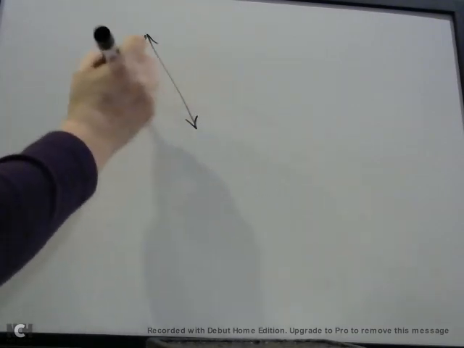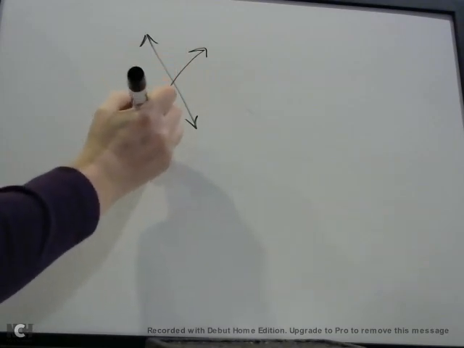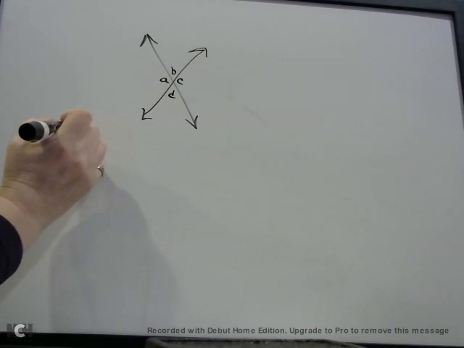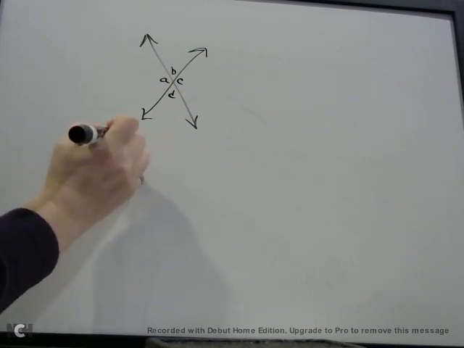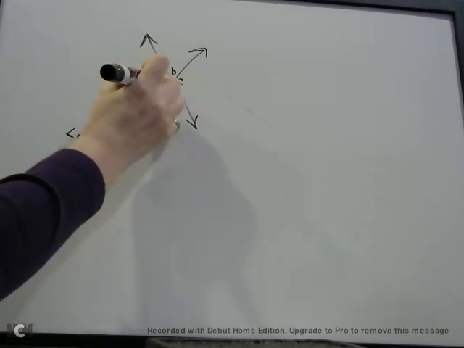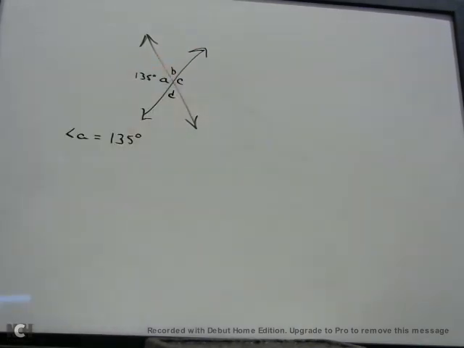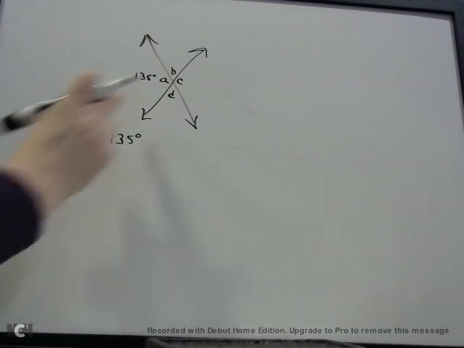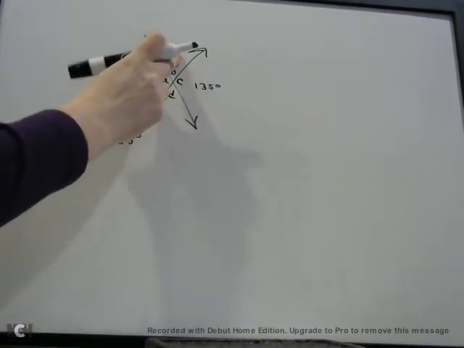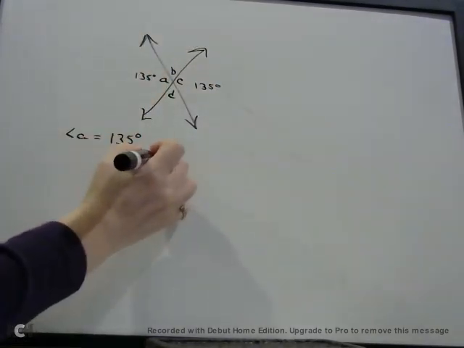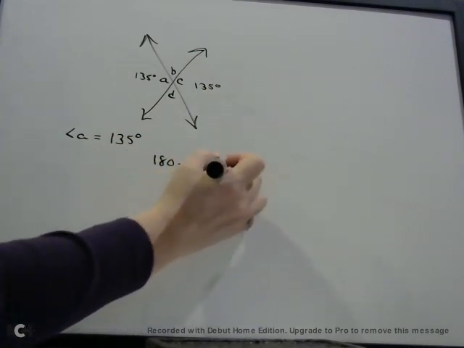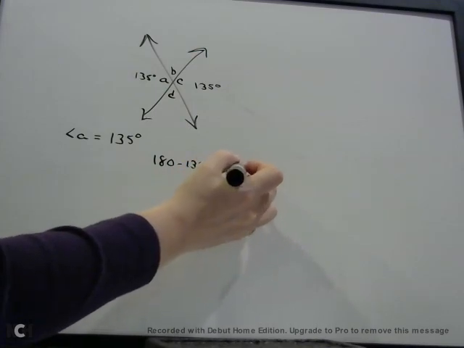Once they give you one angle, you can figure out all the rest. So let's say we have a picture like this. We label the angles, and they say angle A is 135 degrees. You can now figure out what all the other angles equal. We know right away angle C is 135 degrees, but we also know angle B is 180 minus 135, because they have to be supplementary, and that's going to equal 45 degrees.